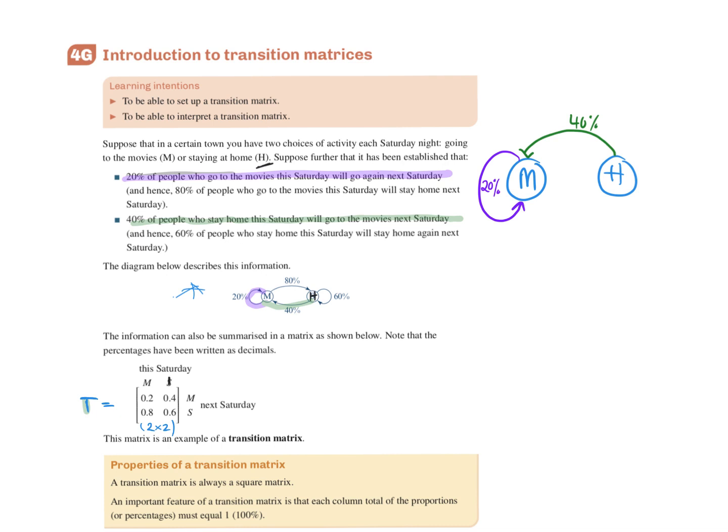And could you fix this one up again as well? Change that to home so you don't get confused. We're going to set up a matrix. This is a transition matrix. I'm going to do it with you to show you how they got that. They often call it T.